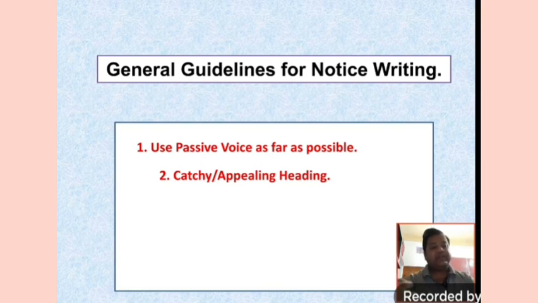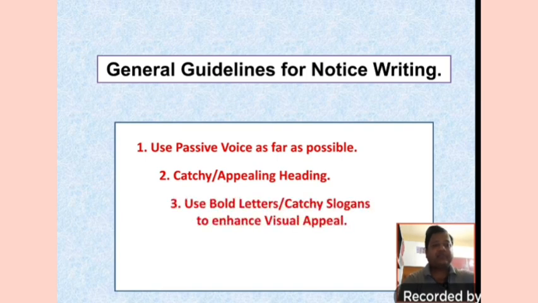So, if the heading is catchy and appealing, then people will be encouraged or attracted towards that notice, and they would try to read and know what the notice contains. So, always make sure that your notice has a catchy and appealing heading.